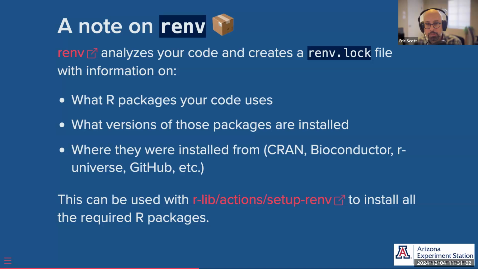So this is really useful because there is a GitHub action that works with renv called setup-renv here. And that will install all the packages, the exact versions, and from those particular places on the runner on GitHub using that renv.lock file. There are other reasons you might want to use renv. It makes your code more reproducible, more portable. You can have a different version of ggplot2 in this project compared to that project, for example. But it works really well with GitHub Actions.